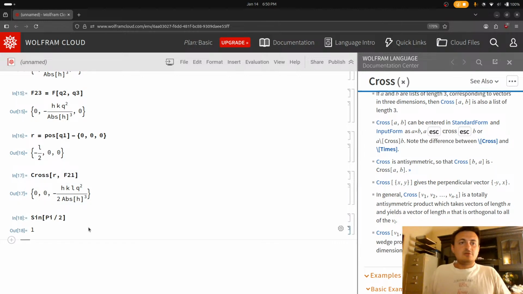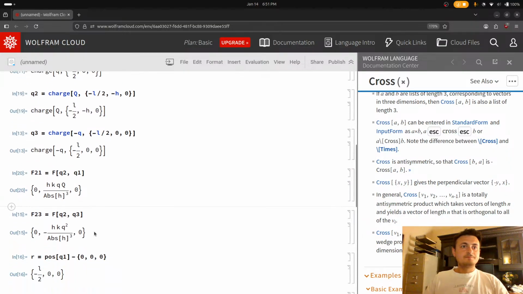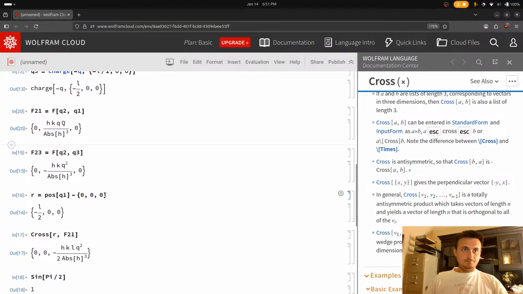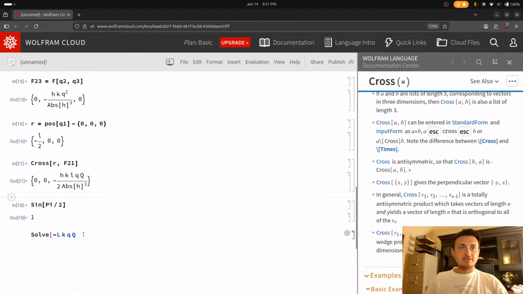Okay, so let's just do a solve. Command and tech if I'm right. Solve minus L K Q Q. Oh wait, I want to fix this actually. I want to make a different Q. Okay, that stays the same. That just expands out. Divided by 2h squared mg.